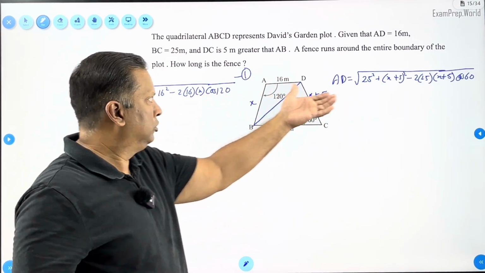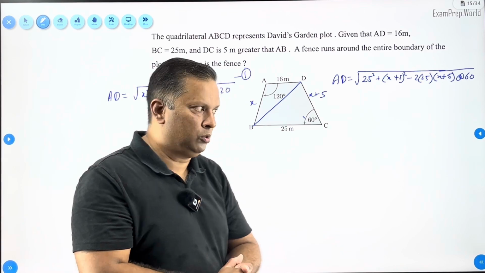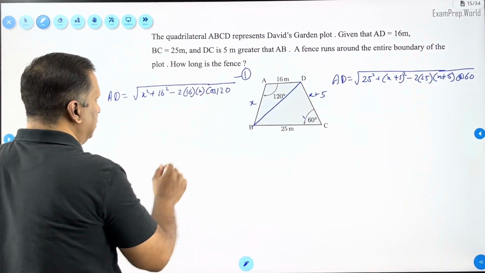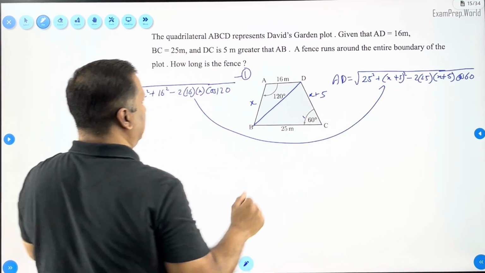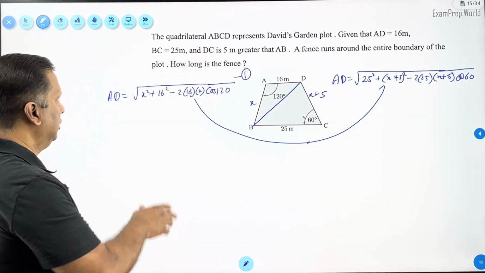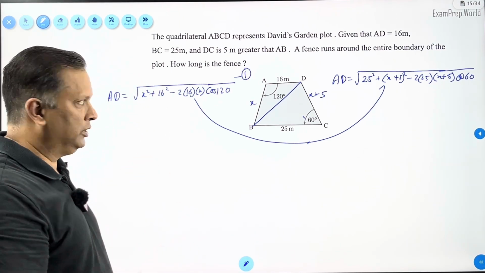Both are under roots, so we can square on both sides and the roots will vanish. So I will directly write things without root. I am equating this whole thing with this one, because both are BD.